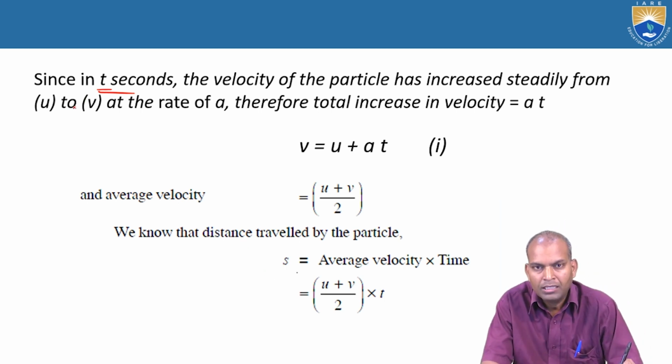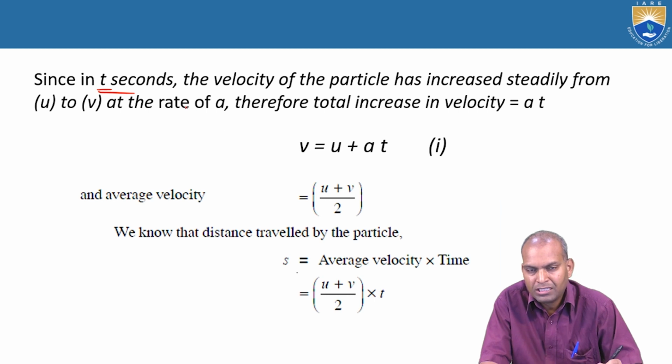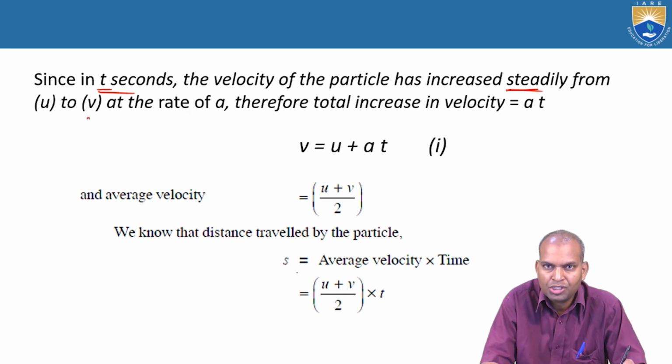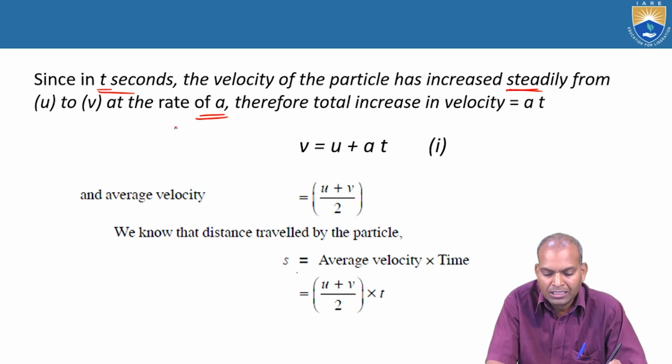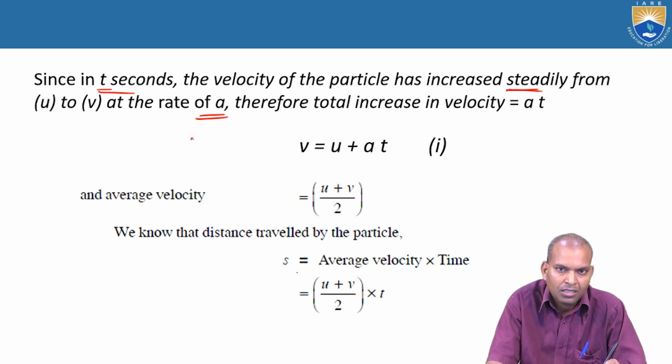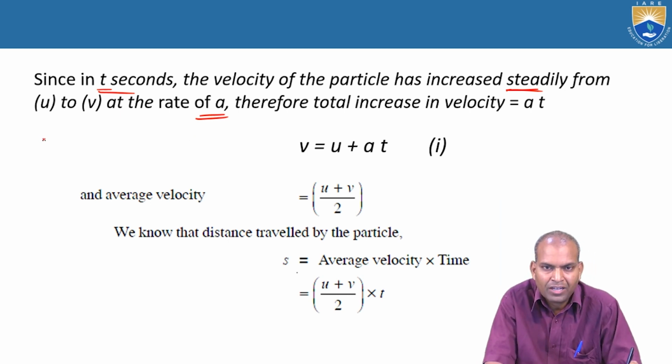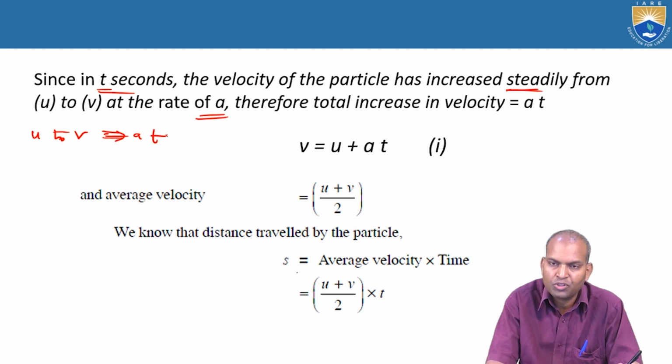Now the velocity of the particle is increasing steadily from the initial velocity u to the final velocity v at the rate of acceleration a. Therefore, the total increase in velocity, v minus u, equals a times t.